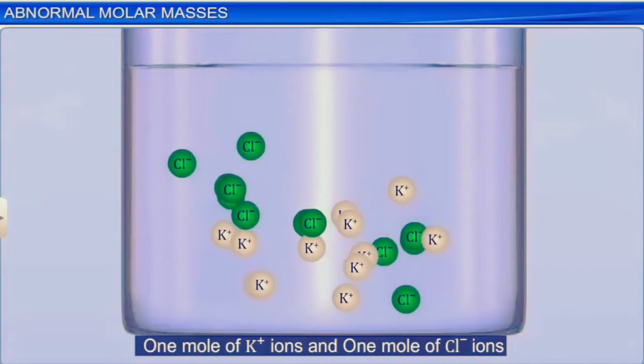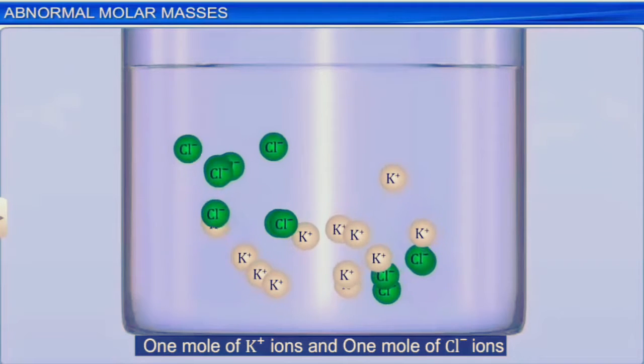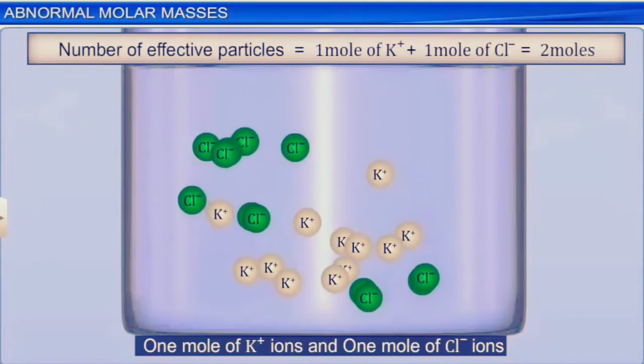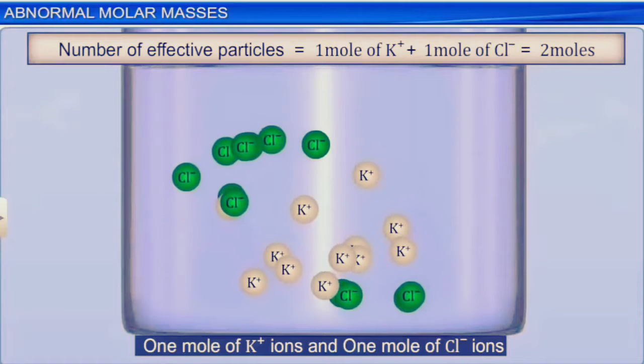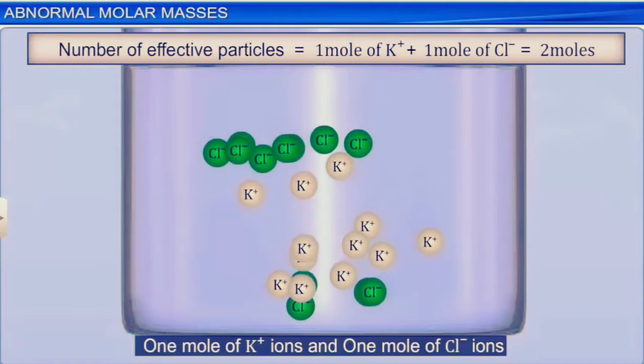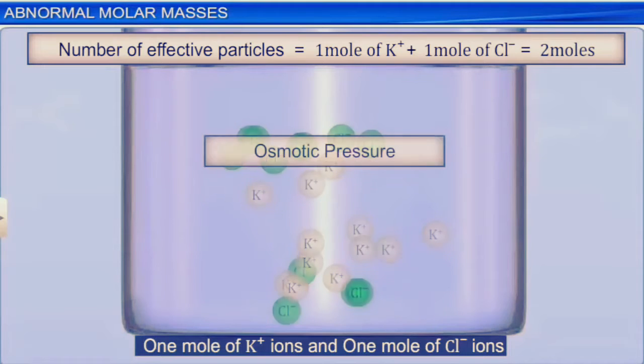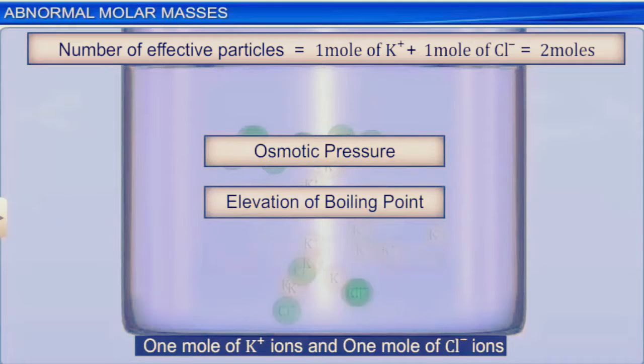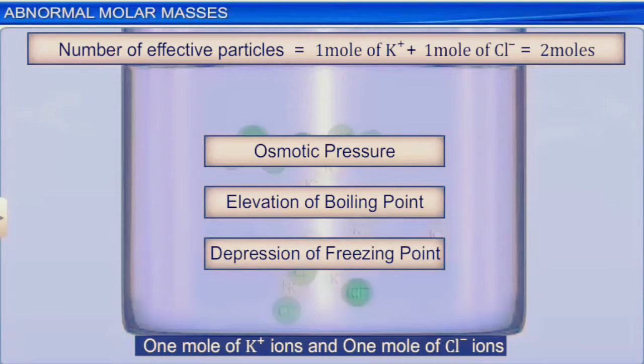In such cases, the number of effective particles in the solution increases, and therefore, the observed colligative properties like osmotic pressure, elevation of boiling point, and depression of freezing point are much higher than those calculated on the basis of undissociated single molecules.